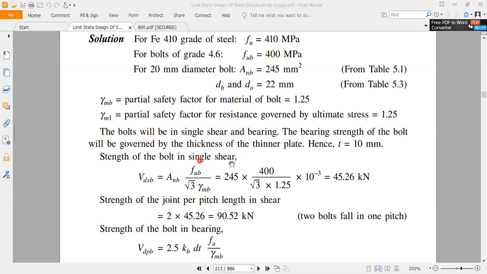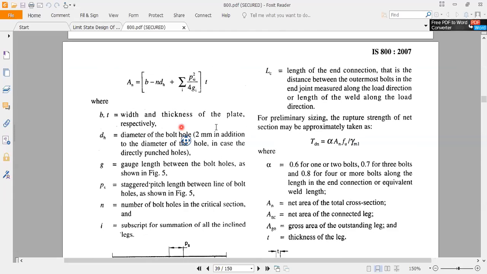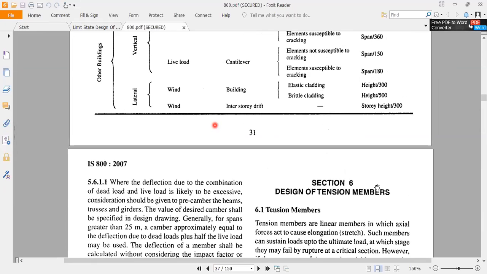For strength of bolt in single shear, you just put the formula. Okay, where those formulas are available, put those formulas. So it is available in page number 73, maybe, in case of connection design.